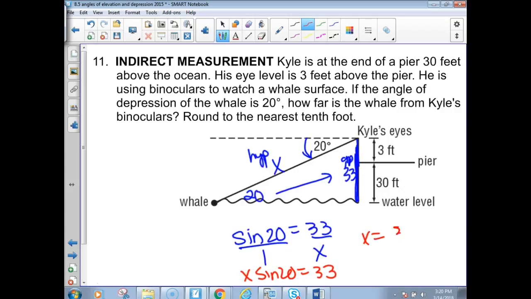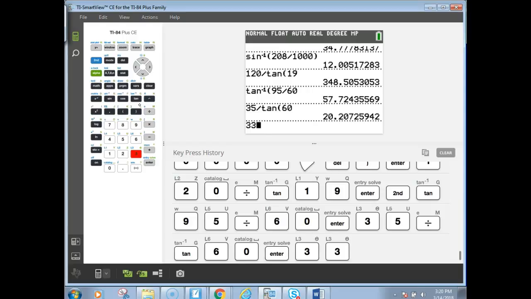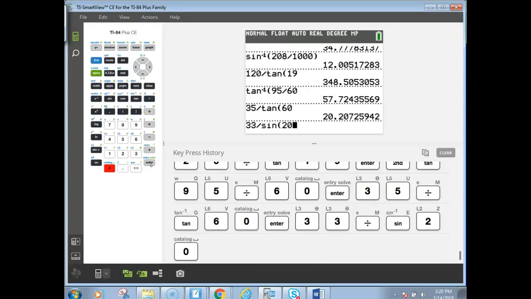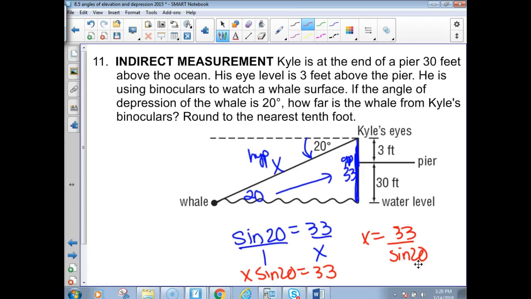So x is going to be 33 divided by the sine of 20. I get 96.5. And that's in feet. That's really close to be from a whale.